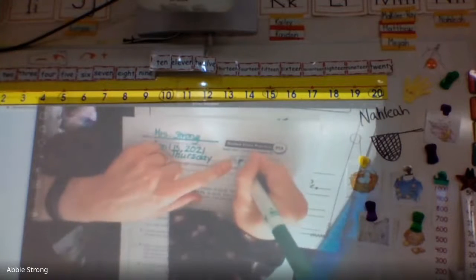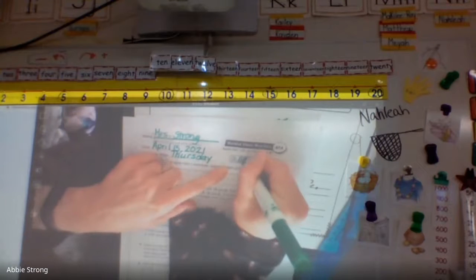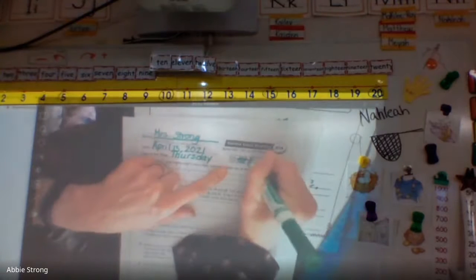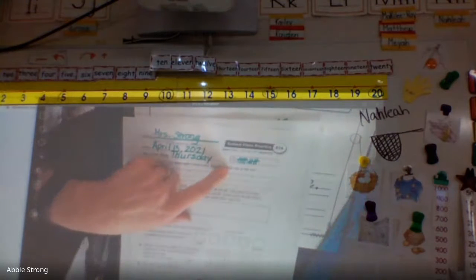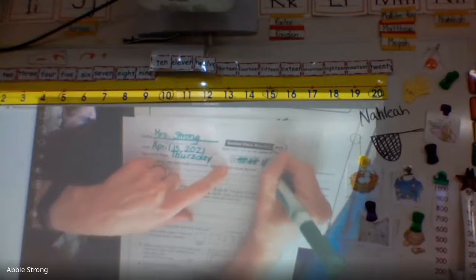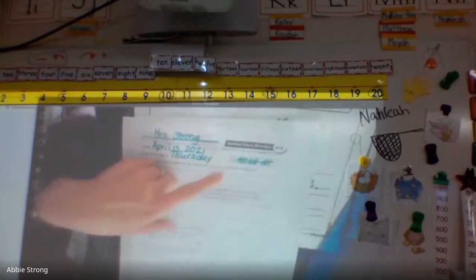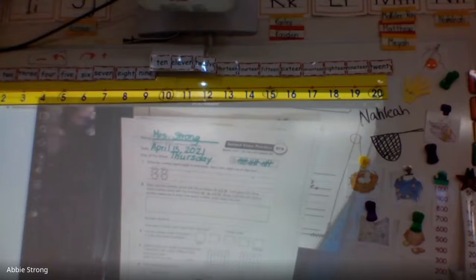Here we go. 1, 2, 3, 4, diagonal, 5, 6, 7, 8, 9, diagonal, 10, 11, 12, 13, 14, diagonal, 15. Give me a thumbs up when you have 15 tally marks in your box. I love those silent signals.